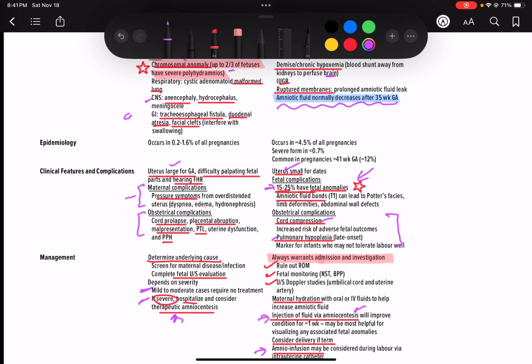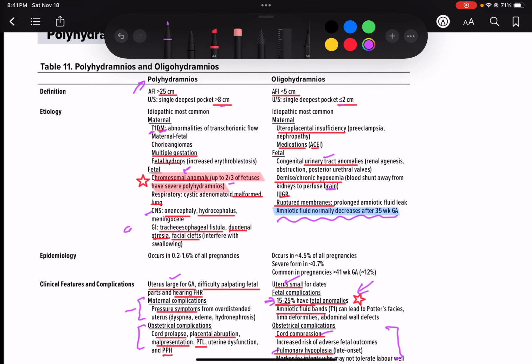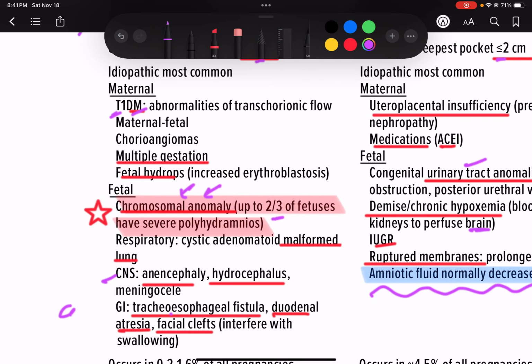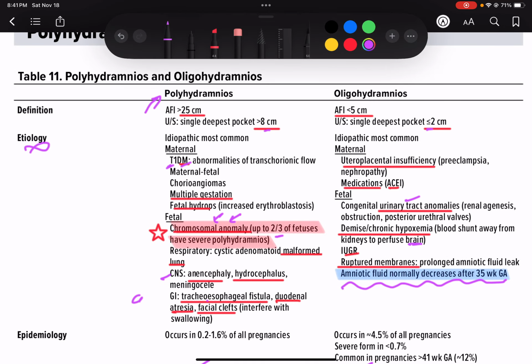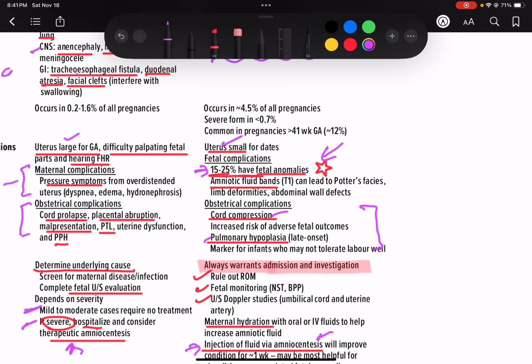Oligohydramnios has 15 to 25% chance of complications like fetal anomalies, right? So any chromosomal fetal anomaly can be etiology for polyhydramnios, but if there is less fluid, that could lead to complications, which is fetal anomalies.